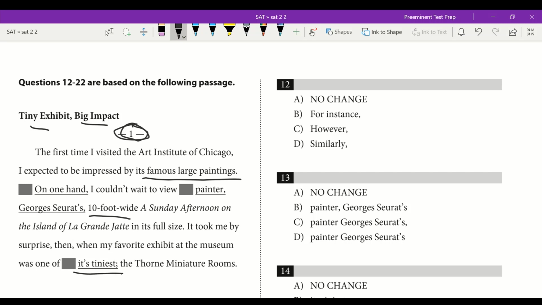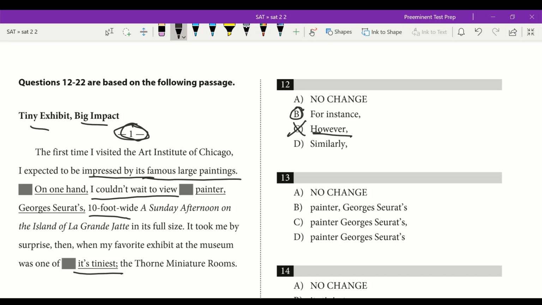Okay, so let's look at our options here. We have "for instance." So is she describing an instance? Well, yes, she is. Is she using a contrasting, such as "however"? No, she's not really using a contrasting. She's actually giving an example, right? She's giving an example of the large painting that she expected to be impressed by.